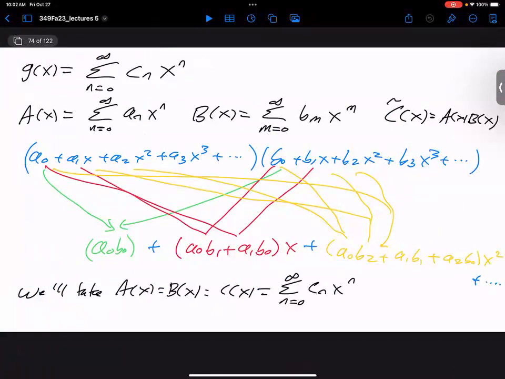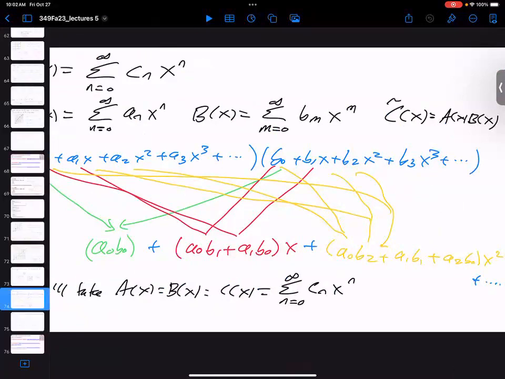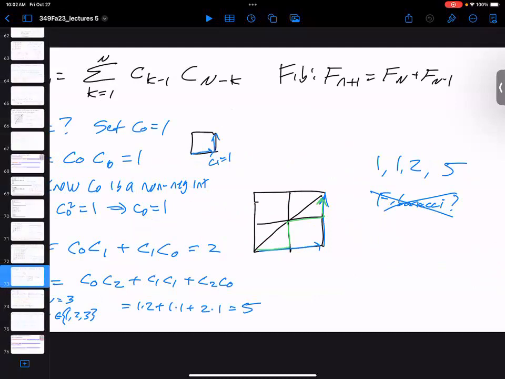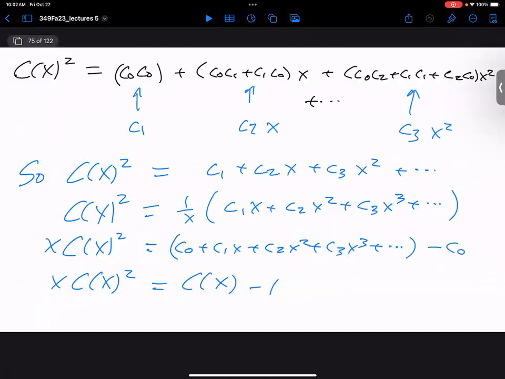And we noticed for these sequences we were looking at, where we were trying to count how many paths are there from (0,0) to (n,n) that stay on or below the diagonal, the answer had this beautiful relationship: C_n was equal to the sum of C_{k-1} C_{n-k}. And we were able to use that to get some information about the generating function.